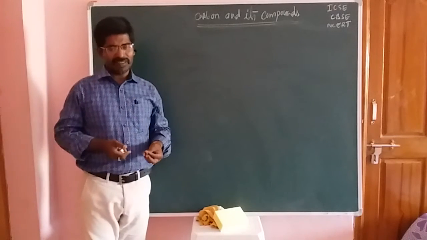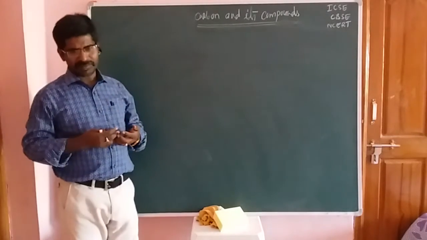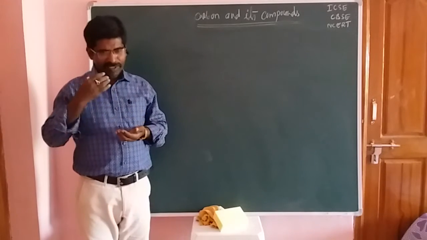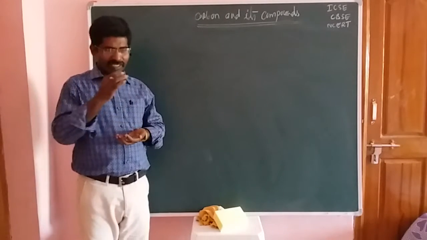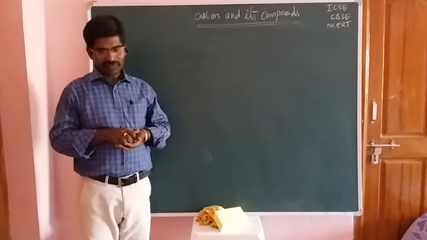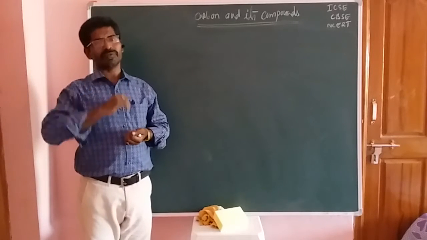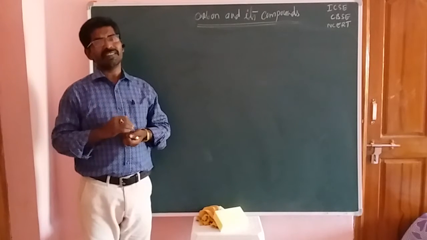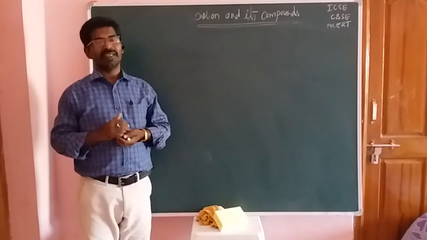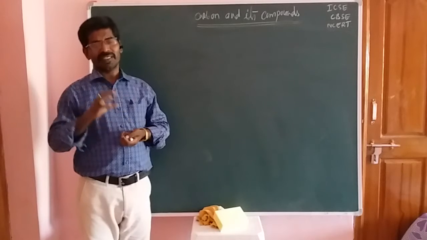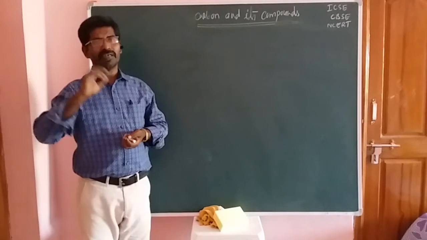So first of all, we should learn what type of concepts are allotted in that chapter. The first one is the introduction about carbon and its compounds. Second one is introduction of carbon, and the third concept is the special properties of carbon.